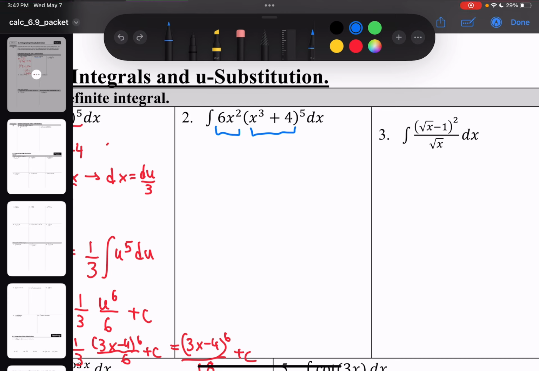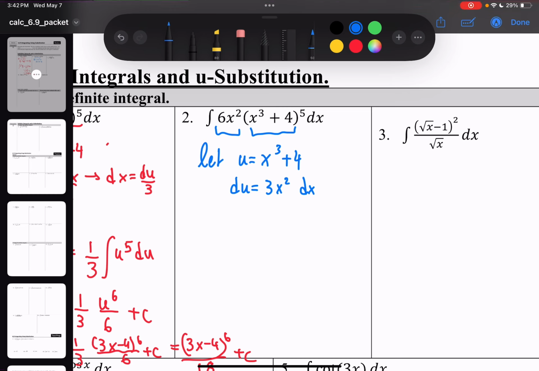So let u be equal to x to the power of 3 plus 4. So du is going to be 3x squared dx. What I would do in this situation is mix and match what I have and what I need.